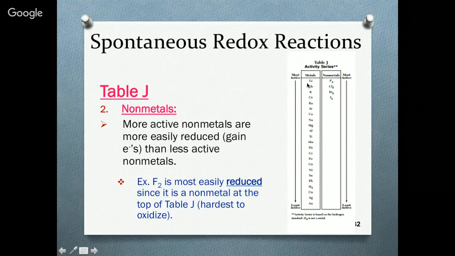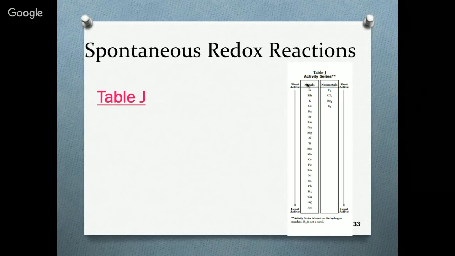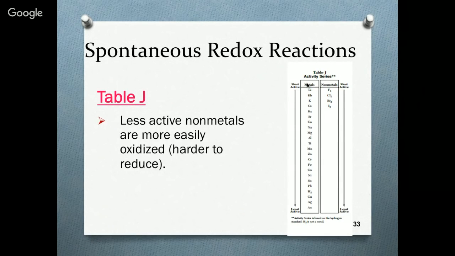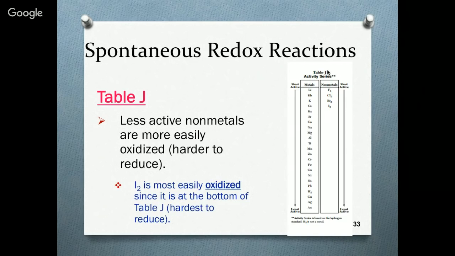At the top of the metal chart, you're more likely to be oxidized; at the bottom, more likely to be reduced. At the bottom of the nonmetal chart are the less active nonmetals. They're more easily oxidized, or harder to reduce. So iodine is most easily oxidized since it's at the bottom of the nonmetal side of table J.